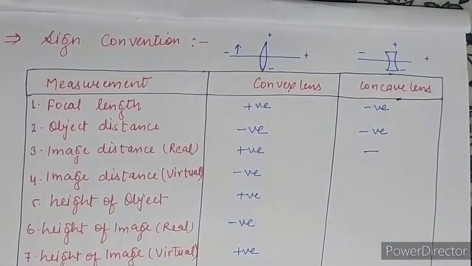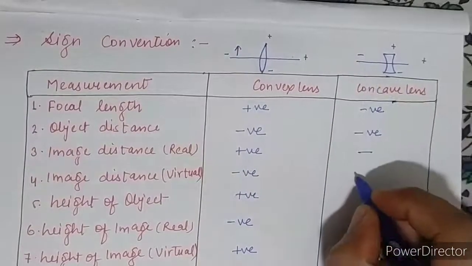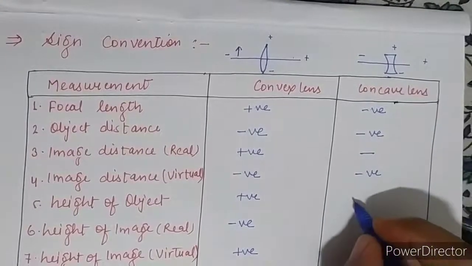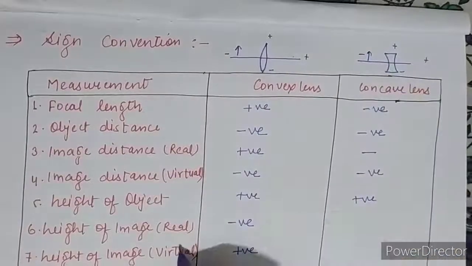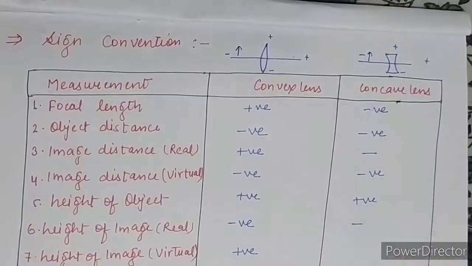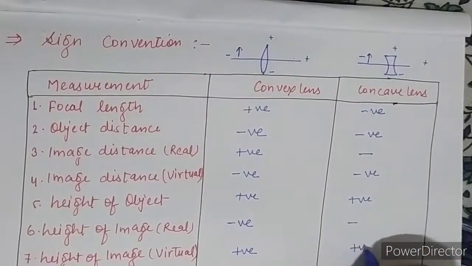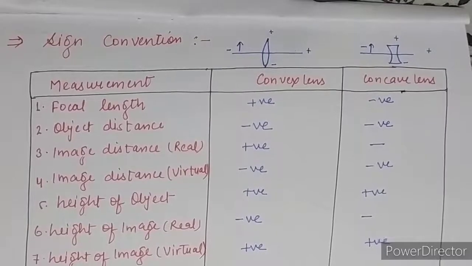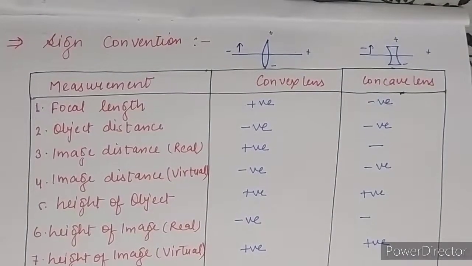Virtual image is formed on the negative side, the same side as the object, so negative. Height of the object is always the same, that is positive. Real image isn't formed in the concave lens. Virtual image is always erect, so it is positive. Okay, this is your sign convention.